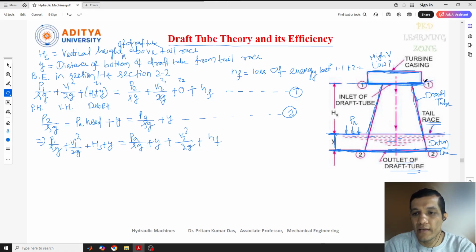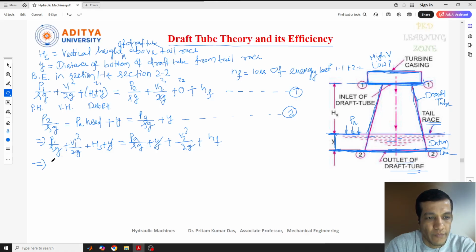Here the y terms cancel, and I write P1 by rho g equals Pa by rho g, and Hs I take to this side, so it becomes Pa by rho g minus Hs.